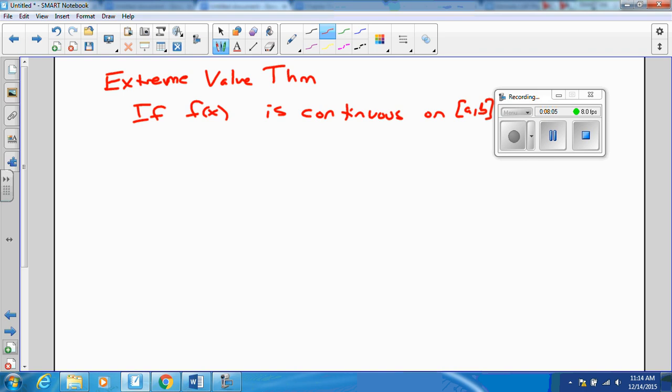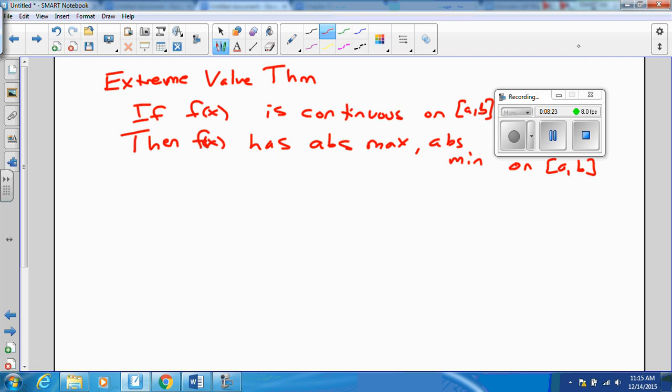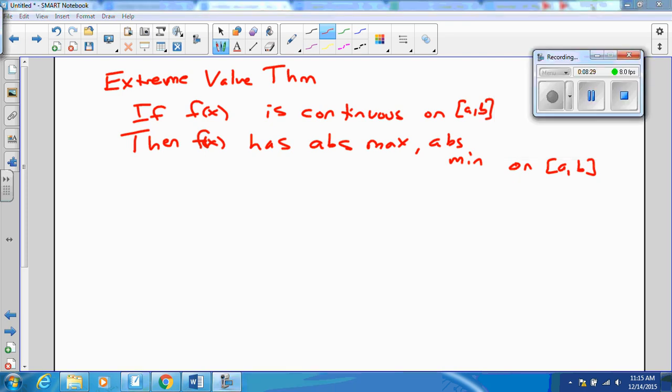So if f is continuous on the closed and bounded interval a to b, then f of x has an absolute max and an absolute min on a to b. So, continuity gives extreme values.